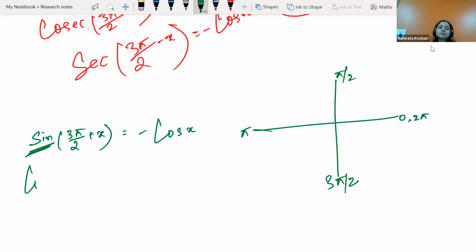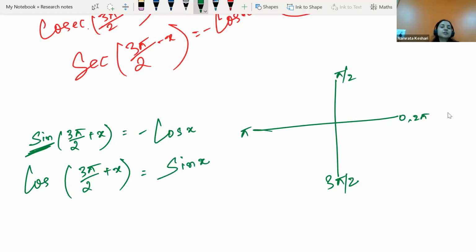Similarly, cos of pi by 2 plus x, positive or negative? Sin x, negative. Perfect.